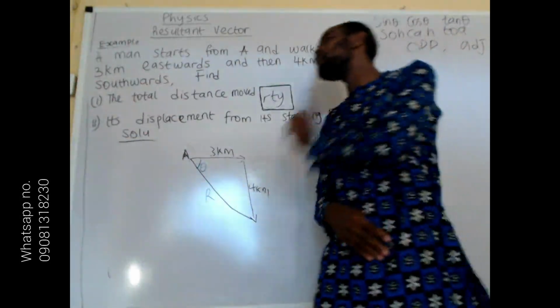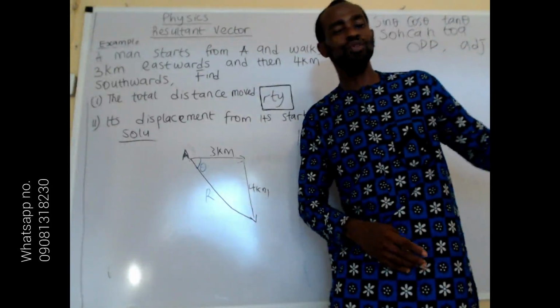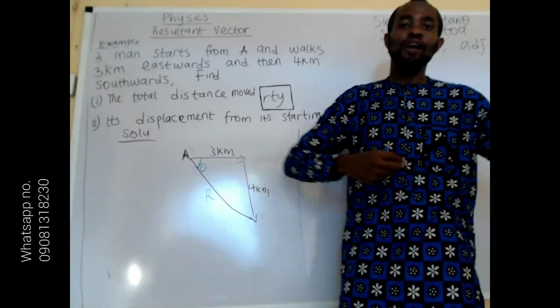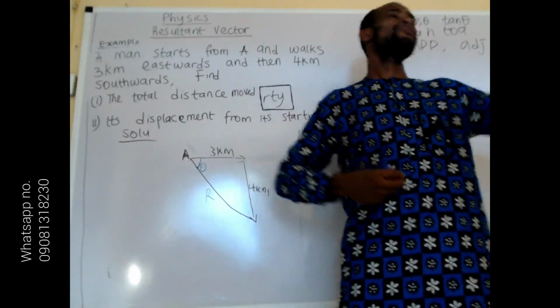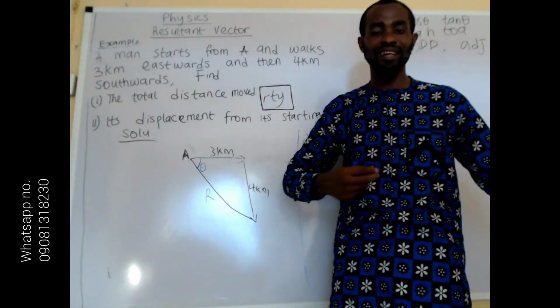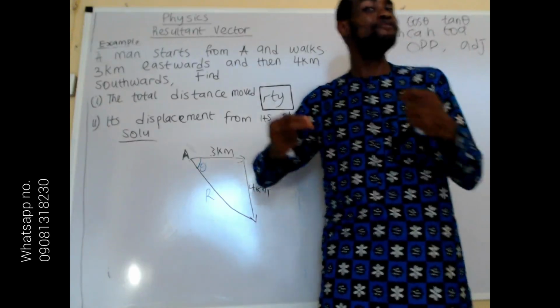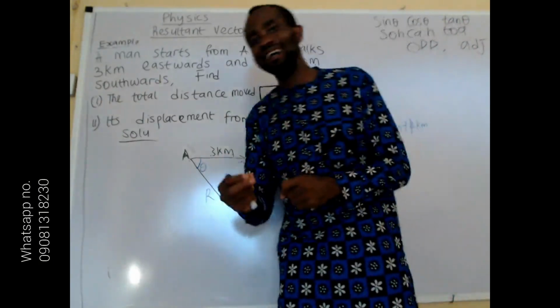Whether he moves from here to Abuja, Abuja to Lagos, and Lagos to Delta, you find the shortest distance from here to Delta State. That shortest distance from its initial point to its final point is what gives you the displacement, because it is a vector quantity. It has magnitude and direction.